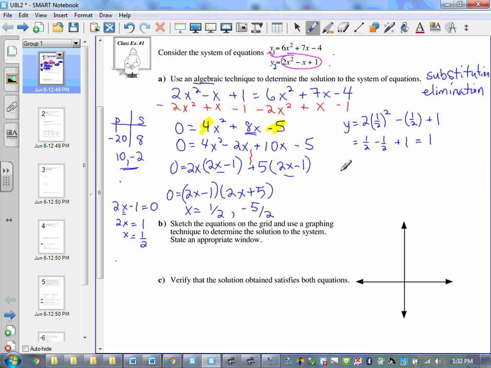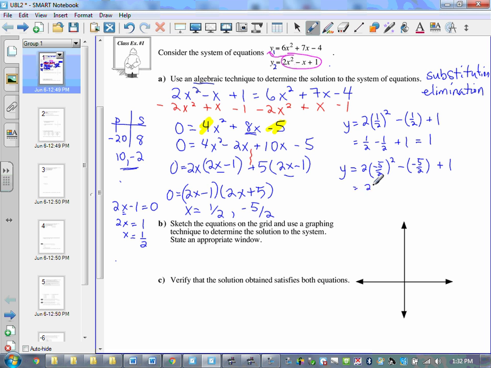And our other one, what is y when x is negative 5 halves? So 2 times negative 5 halves squared minus negative 5 halves plus 1. So we've got, this will end up being 25 over 4 times 2.